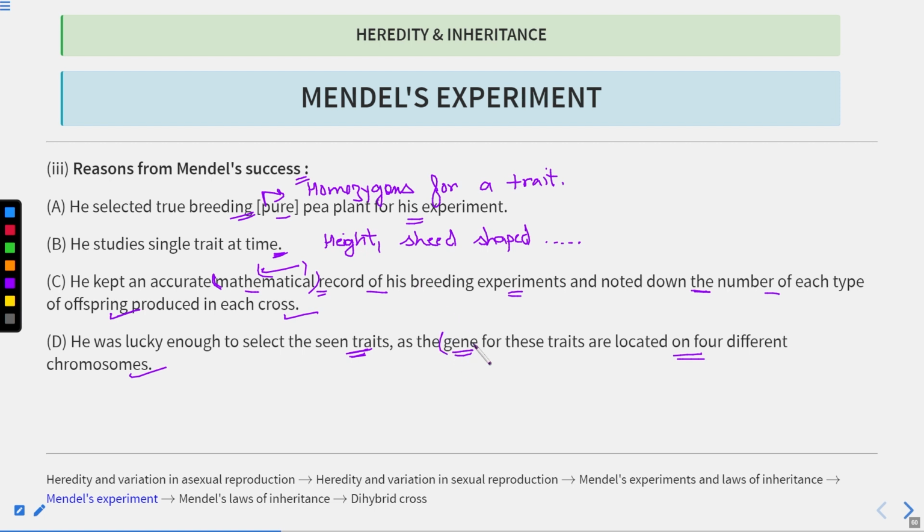If genes are present very close to each other, there are chances that they are inherited together. This is known as linkage, when genes are very close to each other on the same chromosome. But here the genes were present on different chromosomes, quite far away from each other. Because of this, he could see the inheritance pattern. Clear?